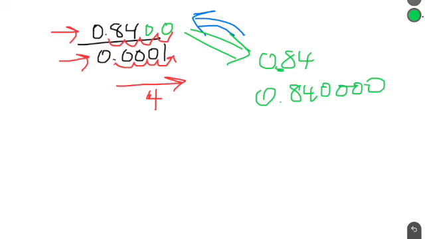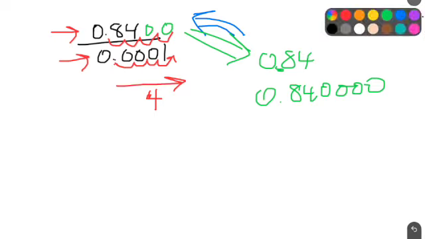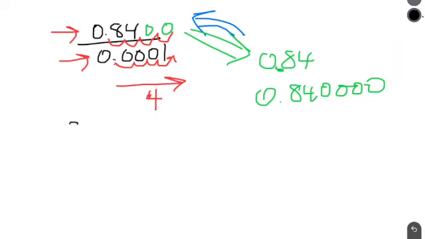So we're introducing zeros now in the numerator just to keep track of where the decimal point lands. So it moves 4 digits over. So our new problem would look like 8400 divided by 1.